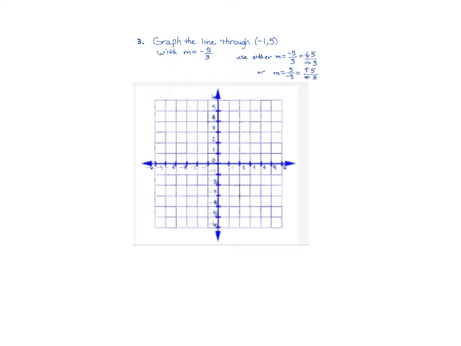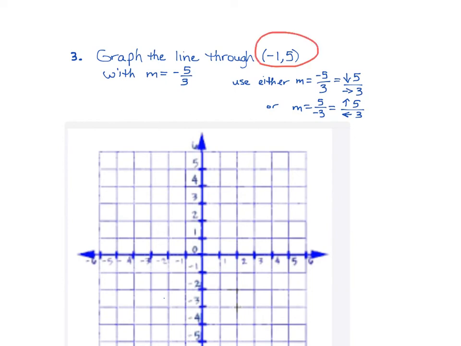So for example, I can graph this ordered pair, -1, 5, and then from that point, move my rise and run. Again, it's a negative slope, so you can either go down 5 and to the right 3 or up 5 and to the left 3. Because again, my point is way up near the top, I'm not going to go up 5, it's going to take me off.